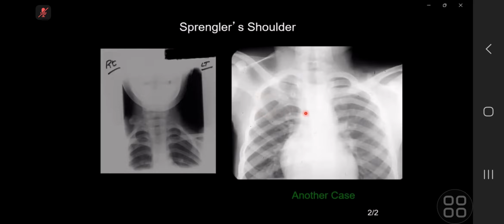Now, I'll come back to the conditions, but if you look carefully on this one, this is another case, where you can see that there are some rib abnormalities. So rib abnormalities can be there, and there can be other abnormalities in the cervical spine. They have shown Sprengel shoulder, which is bilateral on a chest X-ray.